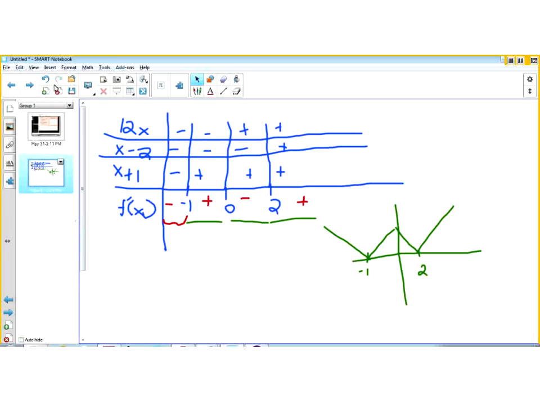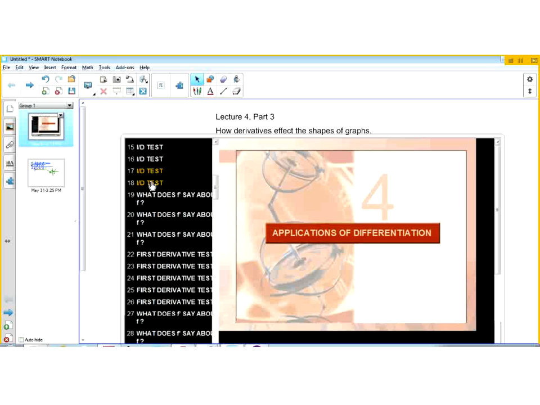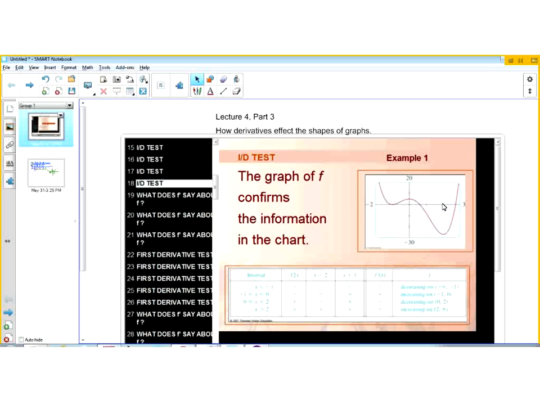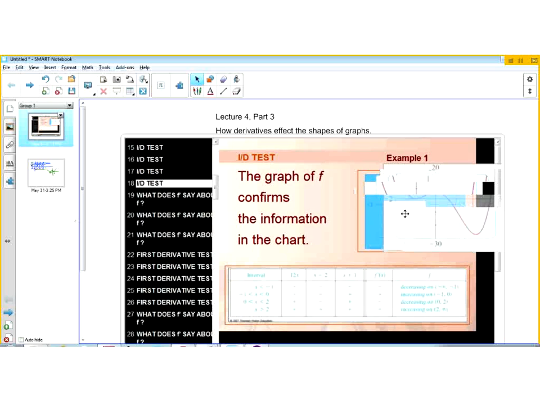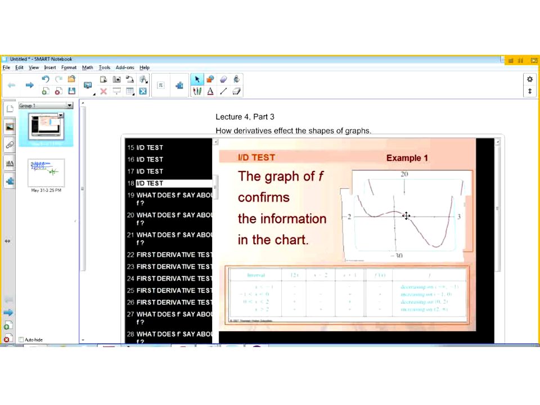Yeah, decreasing from 0 to 2. Slide 16. Here's 2 right here. Okay, that's funny how that detaches. Okay, decreasing from 0 to 2, and then from 2 onwards it increases.